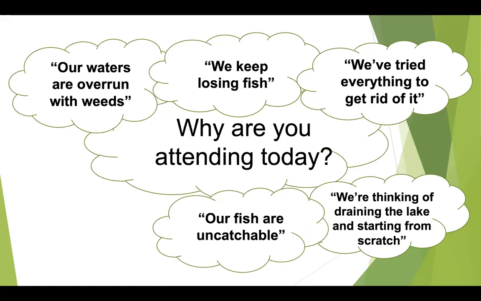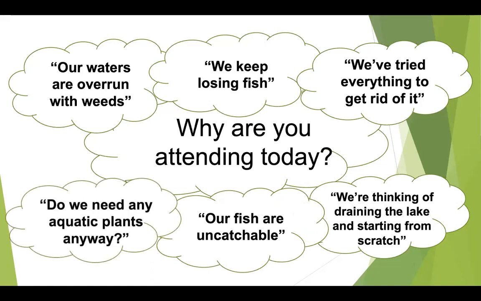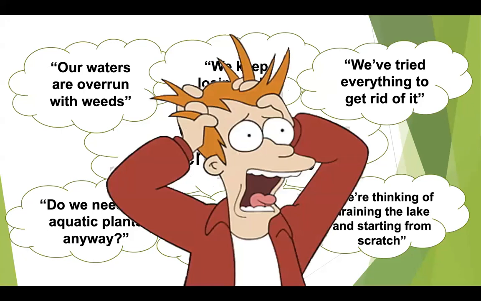It's too difficult for them to target the fish, which obviously isn't always the case. And then we often hear, do we need any aquatic plants anyway? Why don't we just nuke the lot of them, start with a blank canvas, and I'm sure the fishery won't suffer. Well, there are lots of problems, and everybody is pulling their hair out with this.